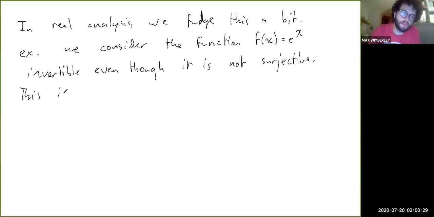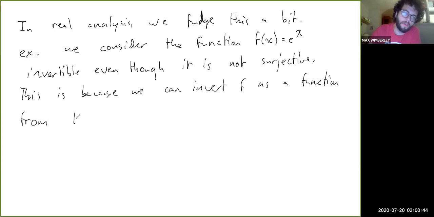This is because we can invert f as a function from R to the set of real numbers which are positive, right?